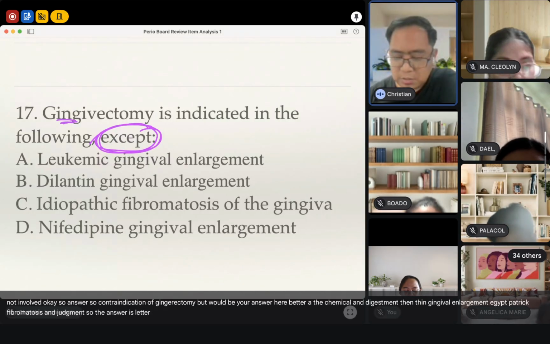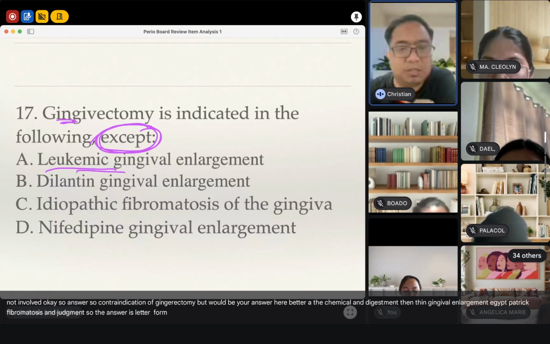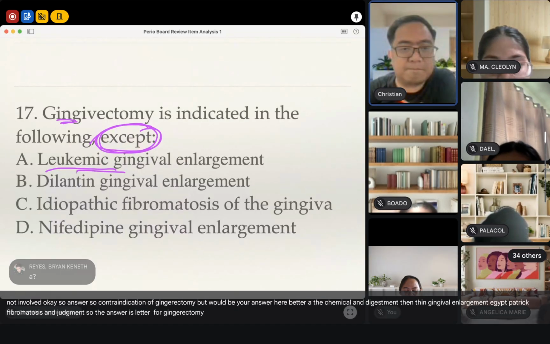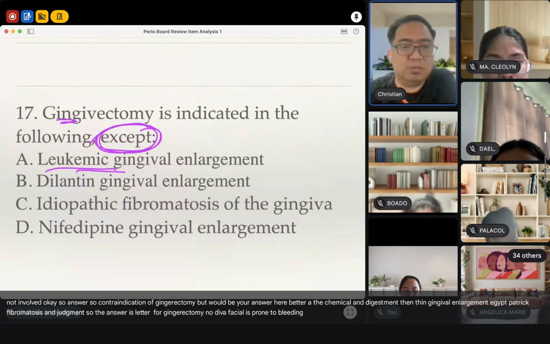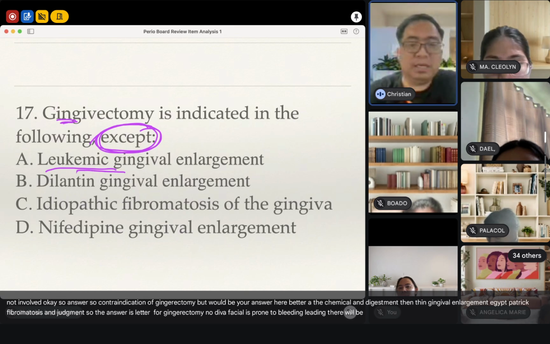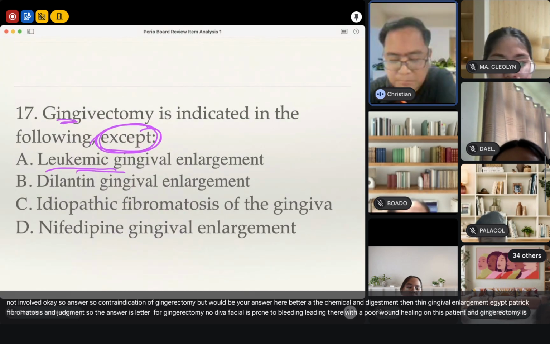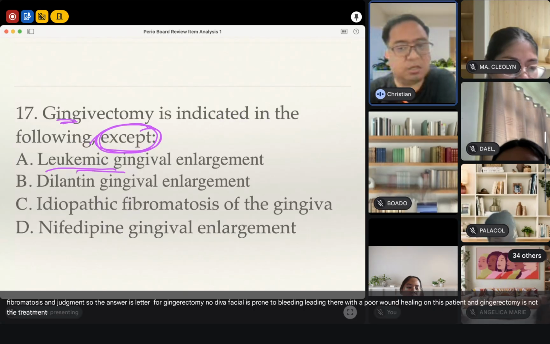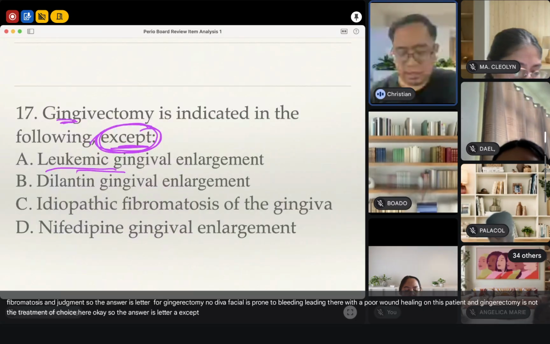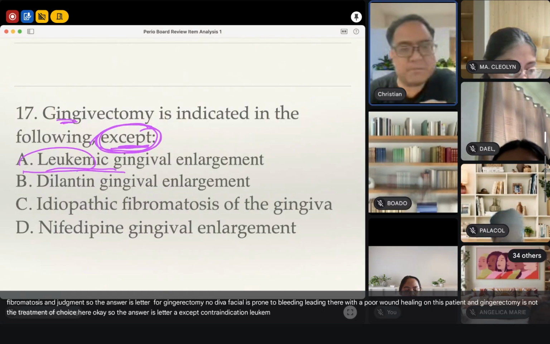Pag may leukemia ba si patient, will you perform gingivectomy? No, di ba? Patient is prone to bleeding. There will be poor wound healing on this patient. And gingivectomy is not the treatment of choice here. So the answer is letter A. Kasi except contraindication, leukemia.